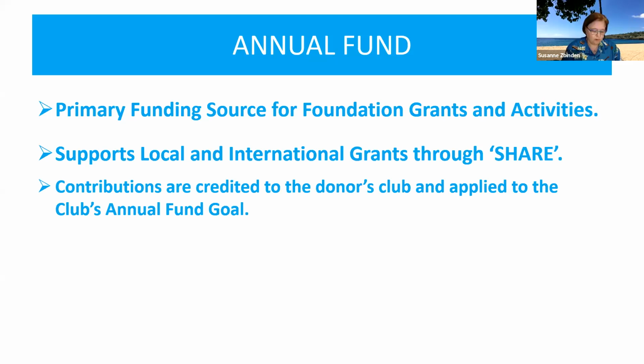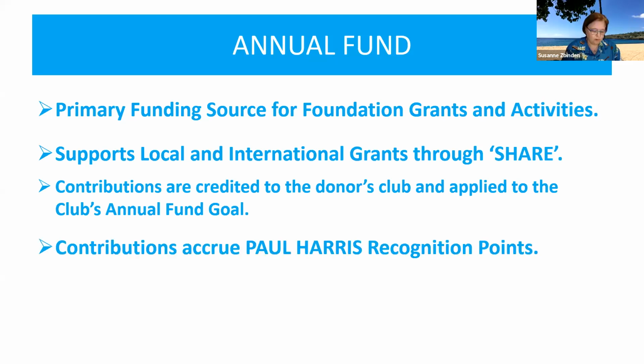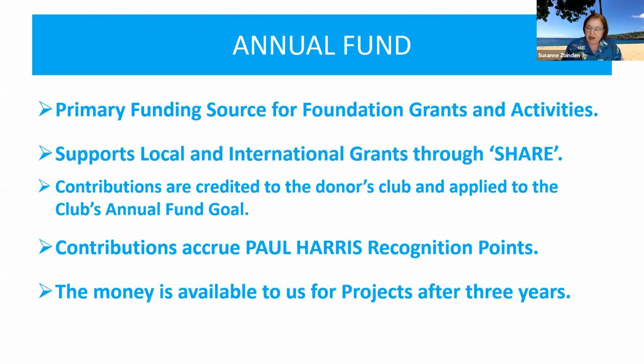And then any contributions done by a club or by a Rotarian are credited to the donor's club, and that will then be applied to a club's annual fundraising goal. The contributions by individuals accrue Paul Harris recognition points, and I will get into that a little bit later as well. And as Norm mentioned, the monies are available to us in the district for projects after 3 years.